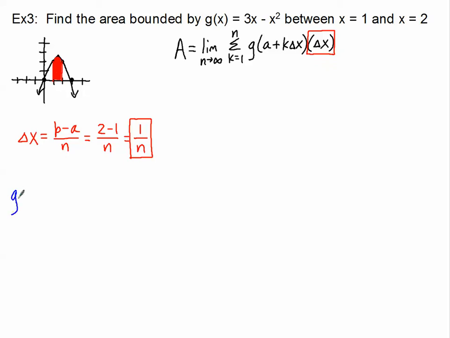And I'm looking for g of a plus k delta x. So that's going to be g of, in this case, a is 1, k is still k, and delta x I had just found is 1 over n. So we're talking about g of 1 plus, this would multiply to become k over n.